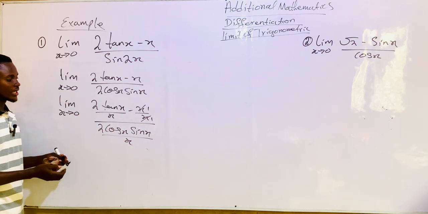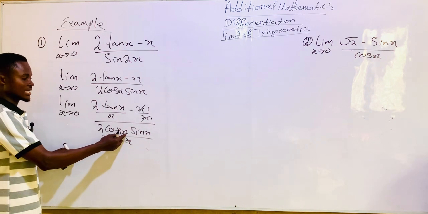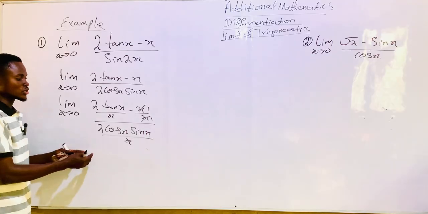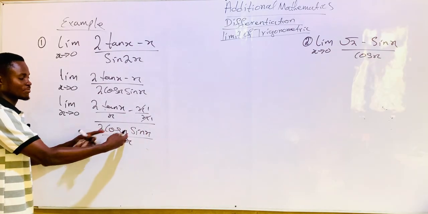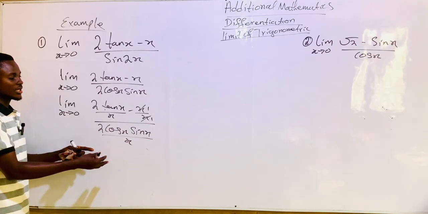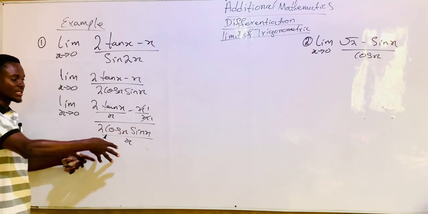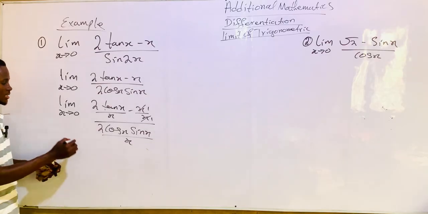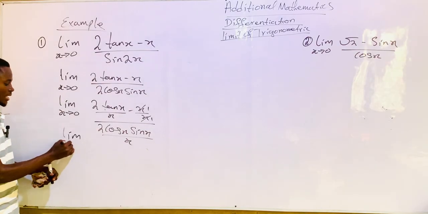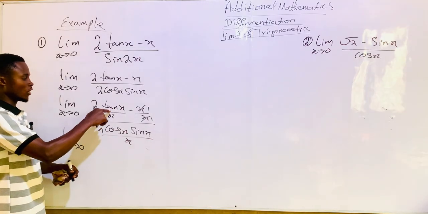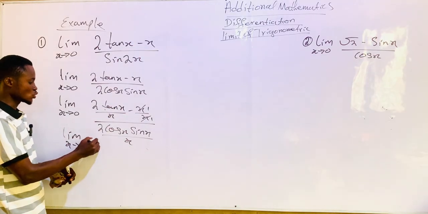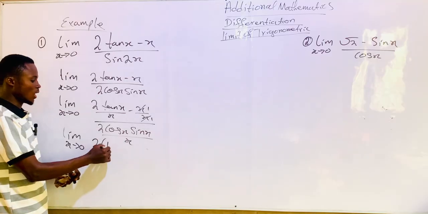Now, from the look of things, this is 2 cos x sine x, where the numerator is multiplying, so we have to split it up to suit the principle of limits. So we are getting the limit as x approaches 0.